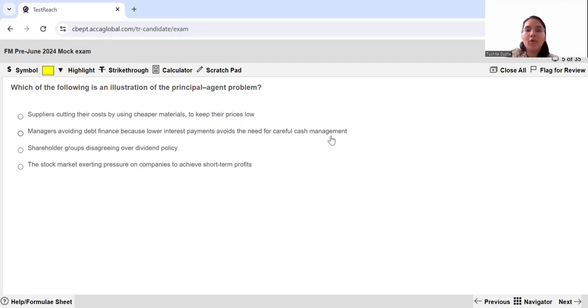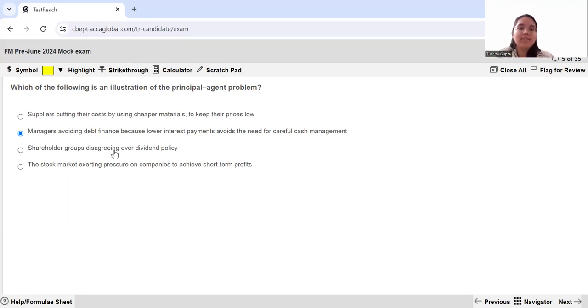The shareholders obviously want debt to be used in a way that reduces tax liabilities and gives benefit to the shareholders. So any managers who are avoiding debt finance because they think lower interest payments avoid the need for careful cash management, this is definitely dysfunctional behavior which they are displaying due to this principal agency relationship.